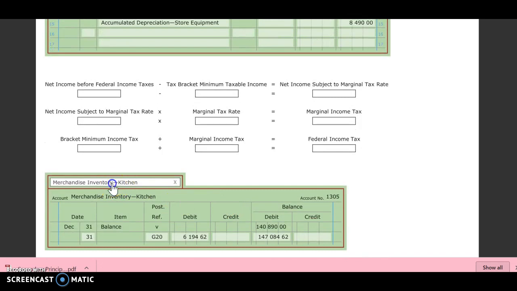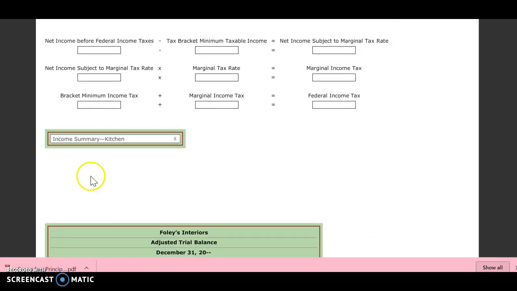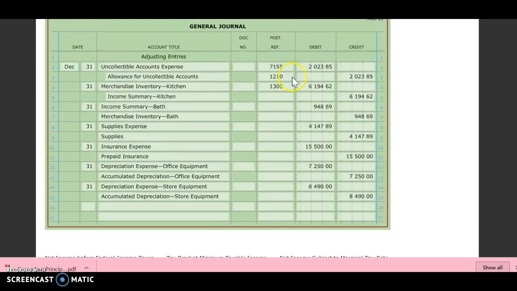Next is income summary kitchen. 31st, G20. We have a credit of $6,194.62. New balance is that same number, $6,194.62. Account number 3210.